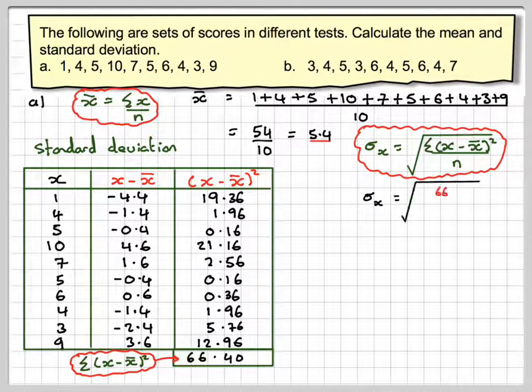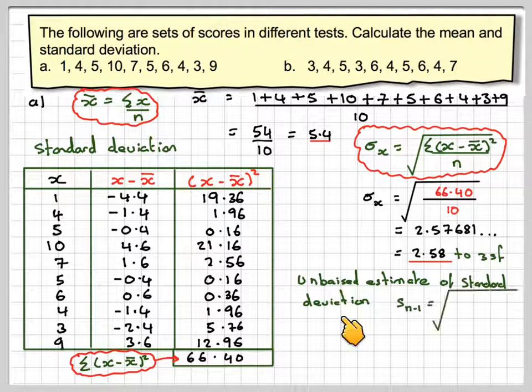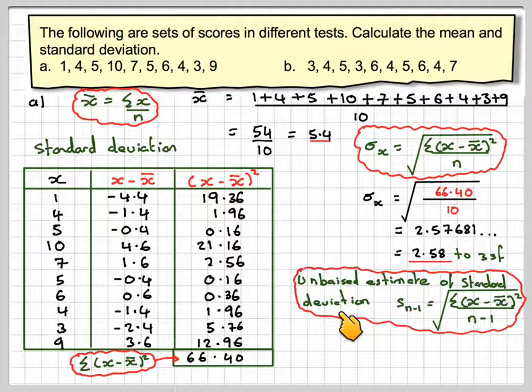So, in this case, ours will be the square root of 66.40 over 10, which gives me 2.57681, which is 2.58 to two significant figures. However, if this data was taken from a larger set of data, then a better estimate of the actual standard deviation is to use what's known as the unbiased estimate of the standard deviation, or sometimes known as the sample standard deviation, where instead of dividing by 10, you now divide by n minus 1.